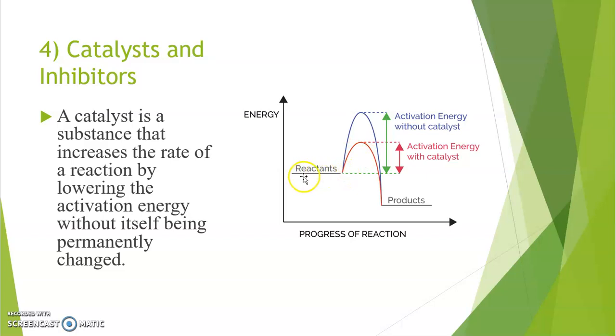You will notice a different pathway, a faster one. So you reach the activated complex faster than in the case without the catalyst. So what's the role of the catalyst? It lowers the activation energy in such a way as to have a faster reaction. So we reach the products faster.